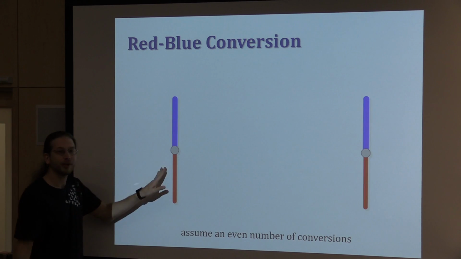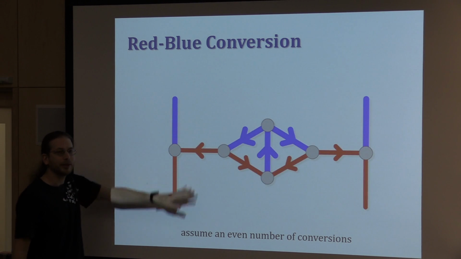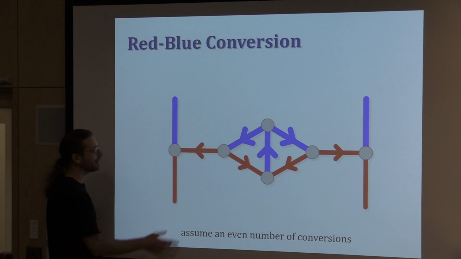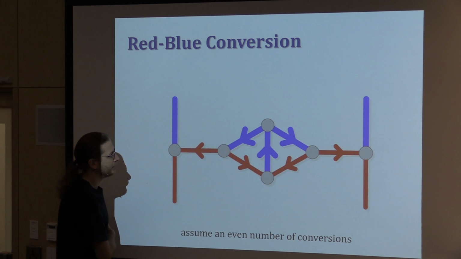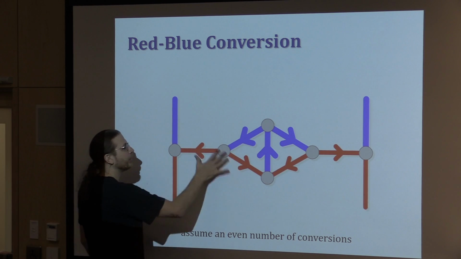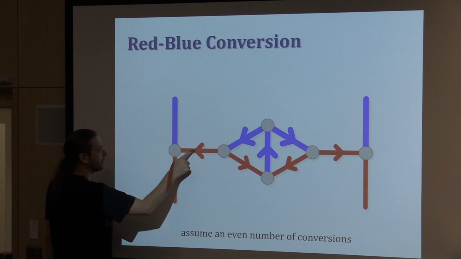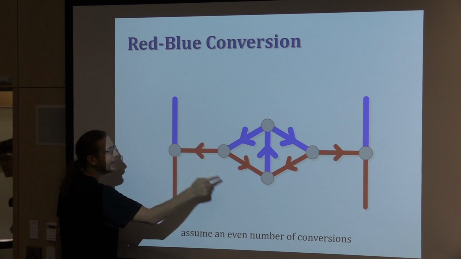As long as we have an even number of red to blue conversions, we can fill in this gadget in between, and it works. So basically, this is in a forced configuration. I think it can't change at all. At least from this position, it can't change. What we need at this stage is that these guys can point out, both of them.